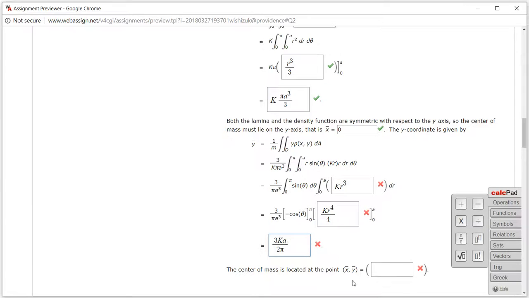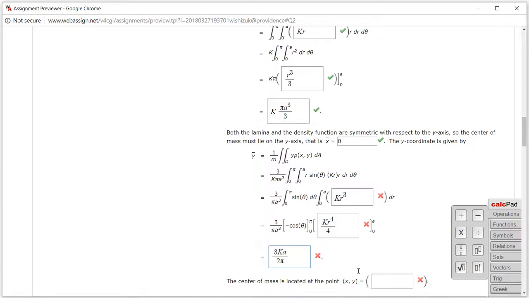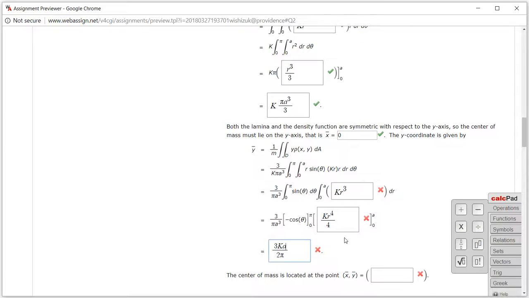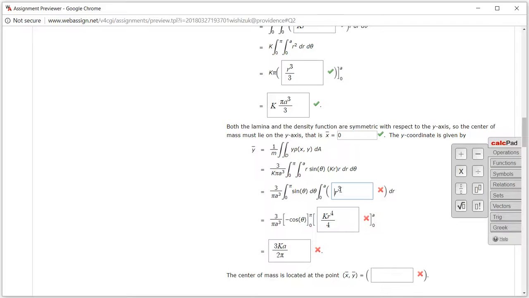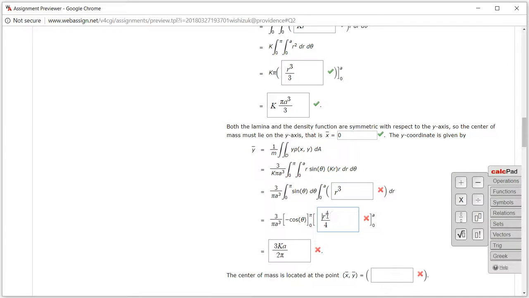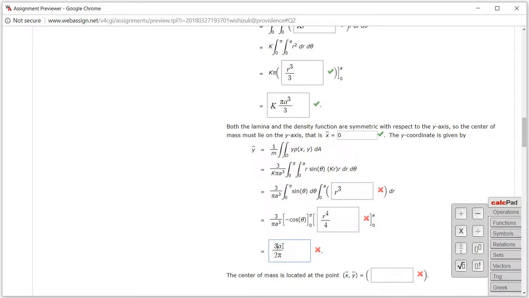Oh, sorry, I made a mistake here. This k is actually canceled out, so there's no k here and no k there.